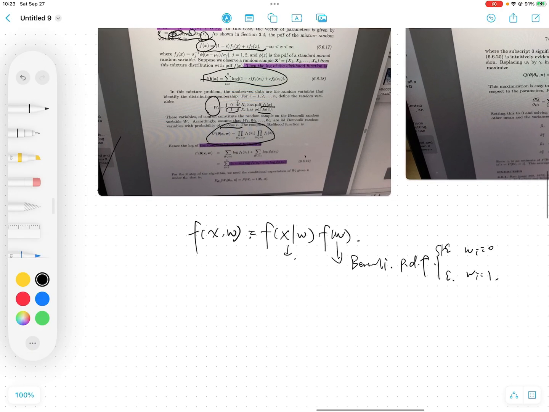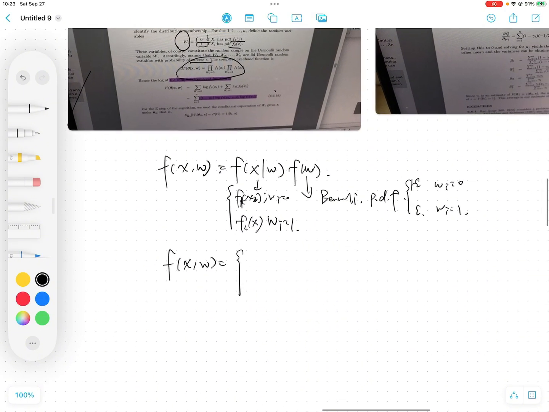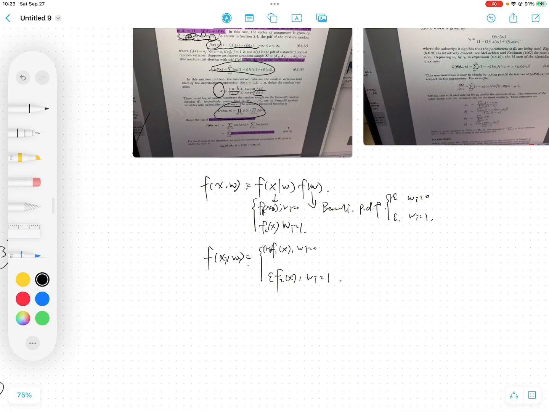And this is just f1(x) if wi equals 0, f2(x) if wi equals 1, and we just know that equals 1 minus epsilon times f1(x) if wi equals 0 and epsilon times f2(x) if wi equals 1.